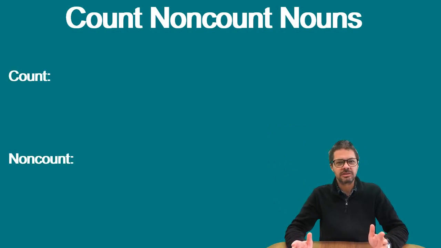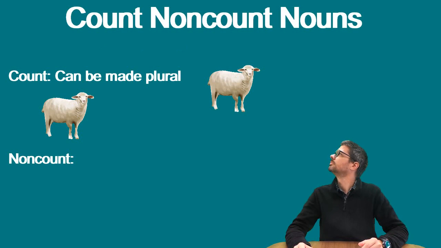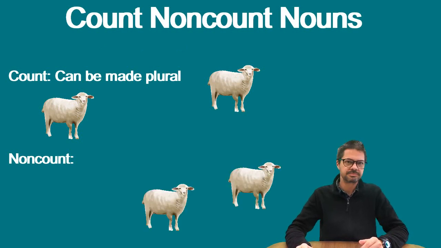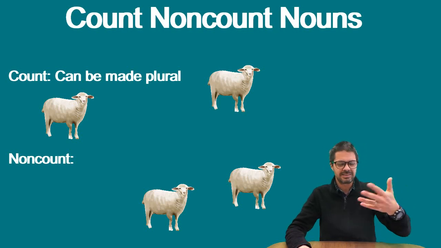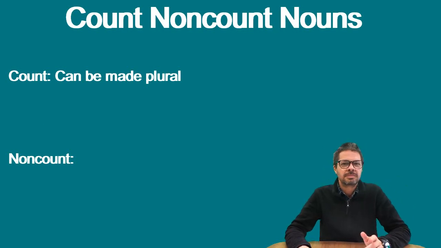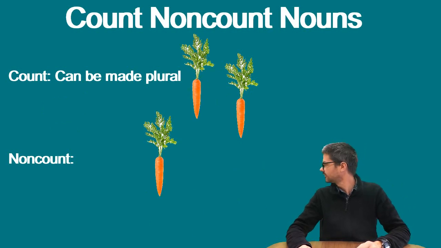Count group means that you can make them plural, right? For example, sheep. 1 sheep, 2 sheep, 3 sheep, 4 sheep, something like that. Sheep is a terrible example, though, because it's not standard. Let's say carrots. 1 carrot, 2 carrots, 3 carrots, 4 carrots.